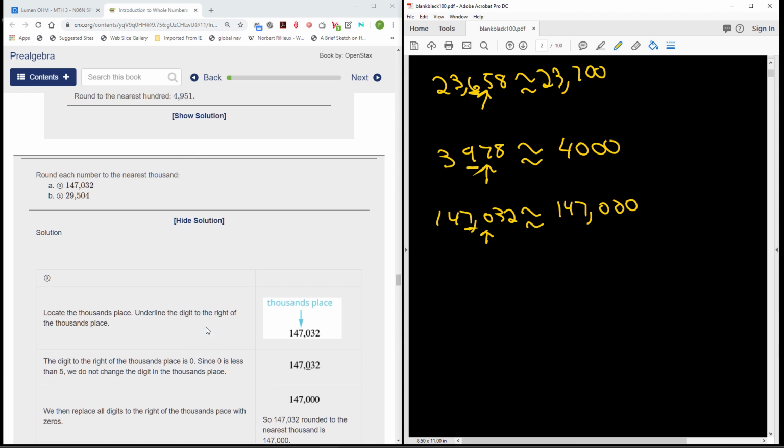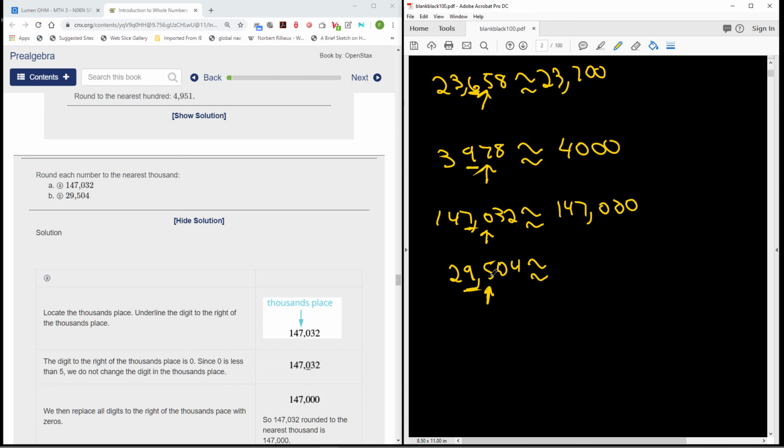Next one is rounding 29,504. They want us to round to the nearest thousands place. So that's our thousands place there. We check to see what's going on here.